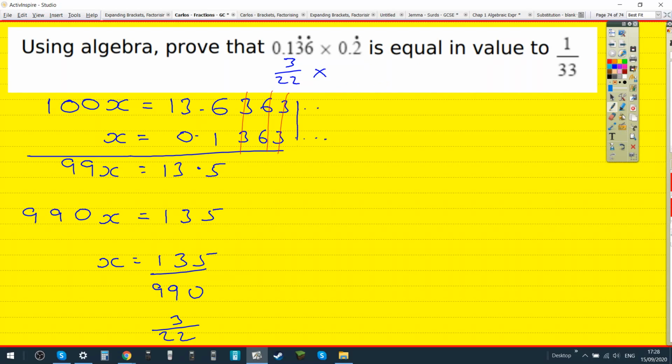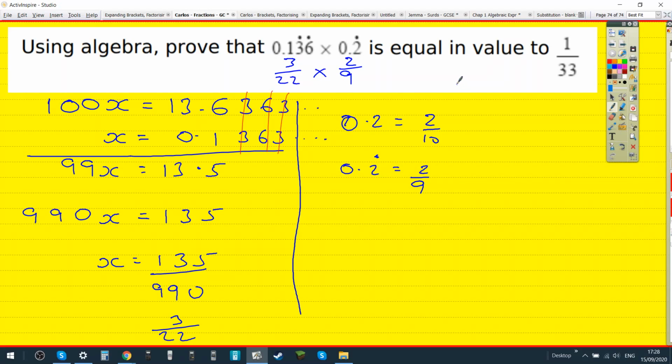There was a quick way if all the digits recur. So the answer would just be 2, right? What is 0.2 as a fraction? 2 over 10. 0.2 recurring as a fraction? 2 over 9. Yeah, if all the digits recur, it's much easier.